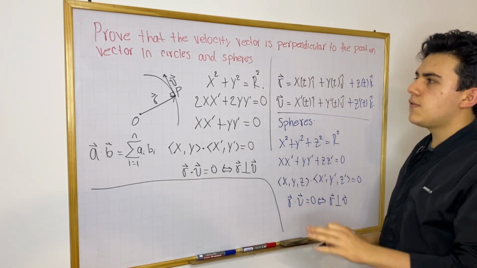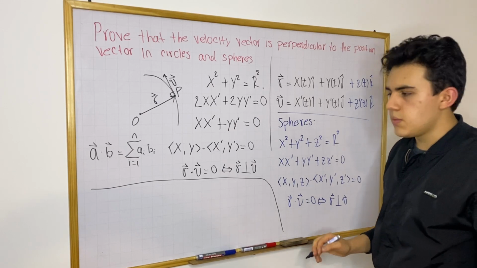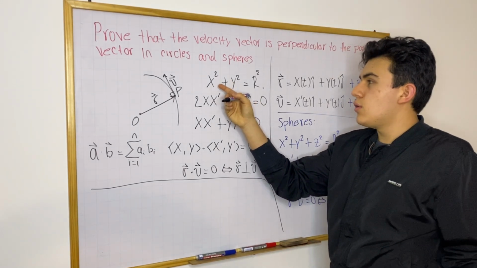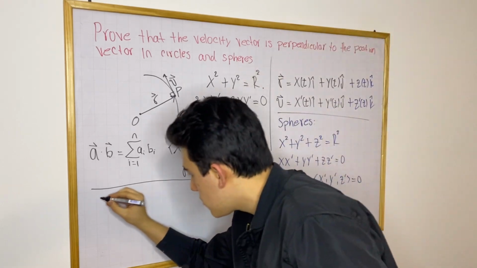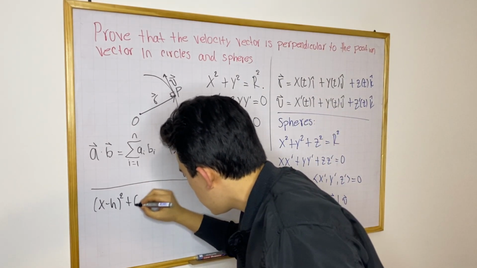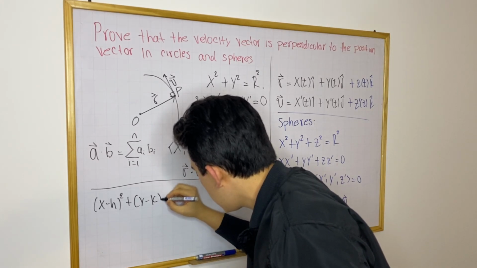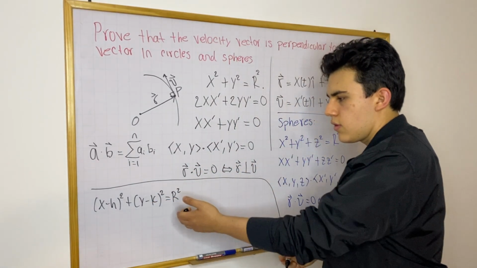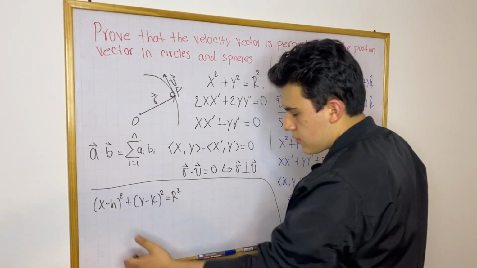Our circles and spheres must be centered at the origin, because then, when you use implicit differentiation, I'm going to use the circle. So if you had another equation, so say you had (x minus h) squared plus (y minus k) squared equals r squared. This is the equation for a circle when it's not centered at the origin.